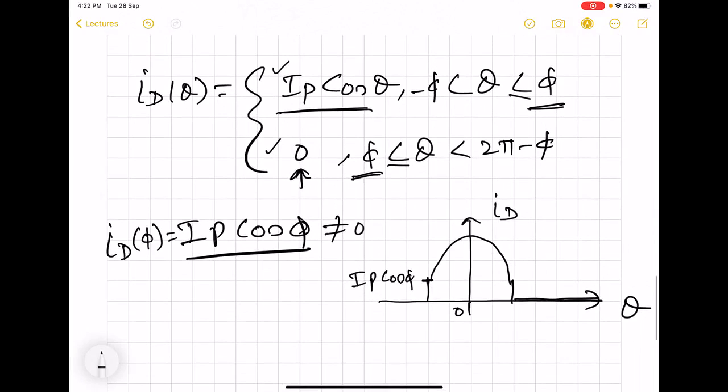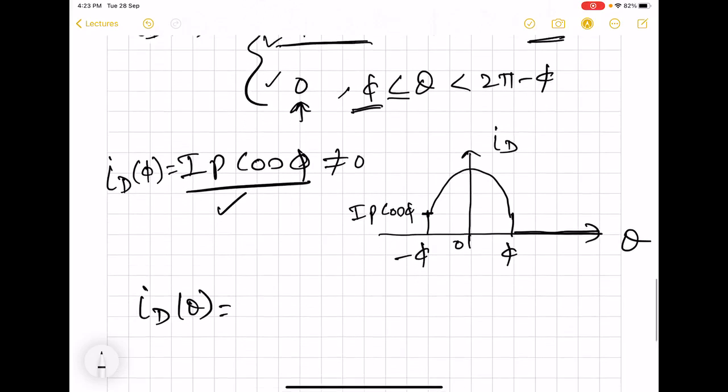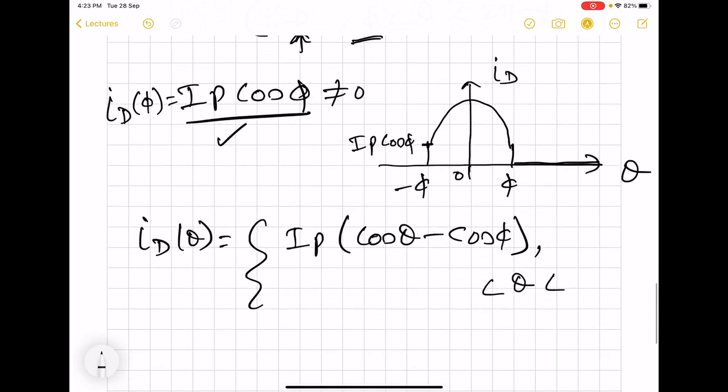So we have to subtract this much portion from this expression so that ID becomes 0 at minus phi and phi. So therefore, we will have to modify the drain current in this way: IP times cos theta minus cos phi, for theta between minus phi and phi.